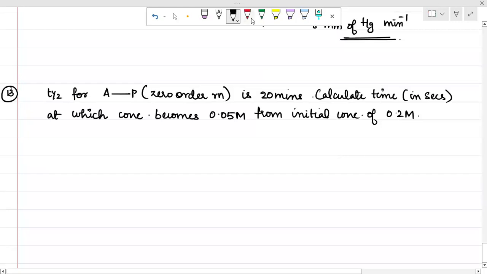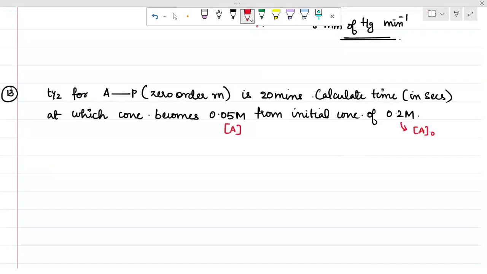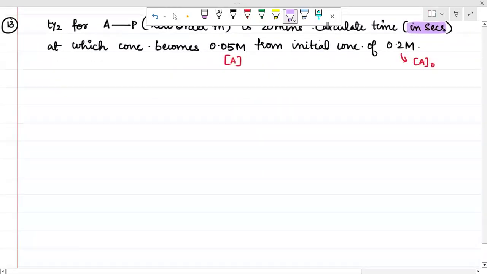Everything is given. You can try it. This is initial concentration. This is your final concentration. This is your T half. You have to find the time at which your final concentration becomes 0.05. The only thing that you have to be careful of is your time should be in seconds. So you'll have to convert your units. That's all.